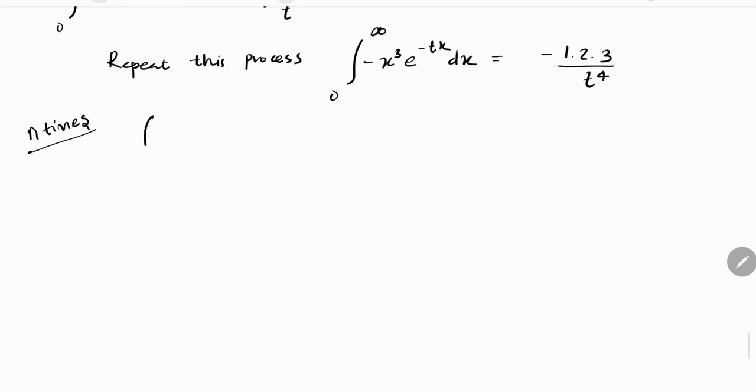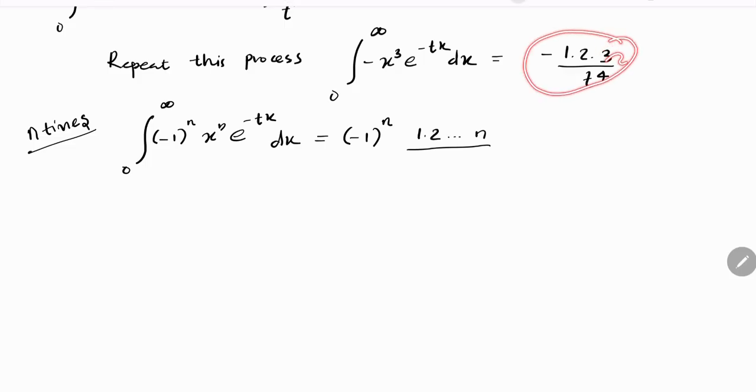If we consider this process n times, then the integral from 0 to infinity of (-1)^n x^n e^(-tx) dx equals (-1)^n times 1 into 2 into etc. up to n, divided by t to a power. Here we got 3 and the power of t is 3 plus 1, so applying this n times we get t to the power n plus 1.